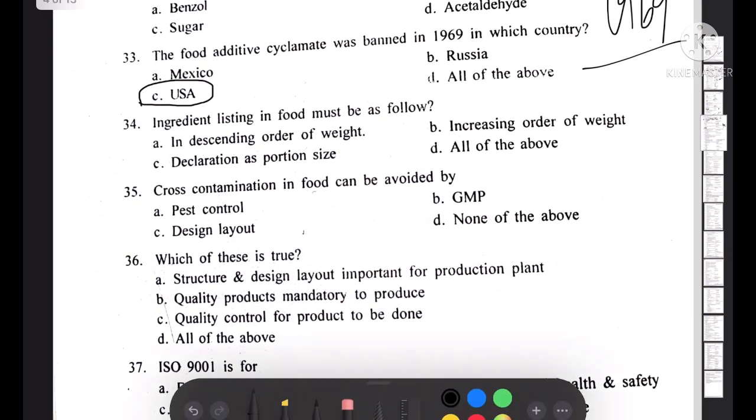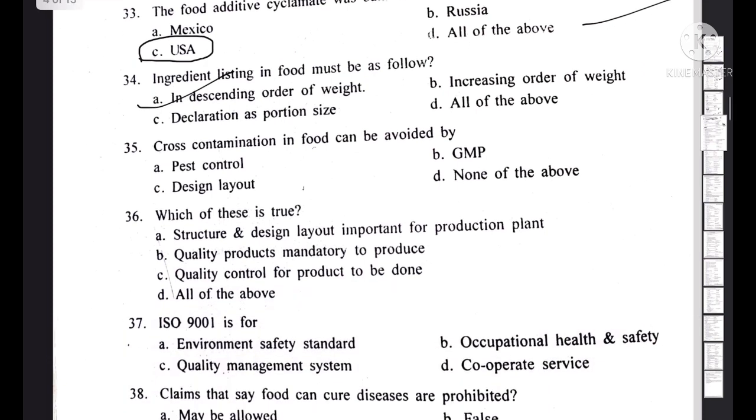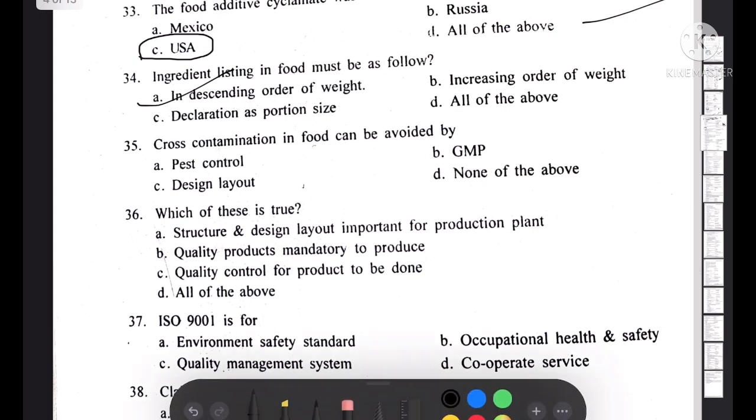Next, ingredient listing in food must be as follows: in descending order of weight, in increasing order of weight, declaration as portion size, or all of the above. So the ingredient list in food must be in descending order of weight. Next, cross contamination in food can be avoided by pest control, GMP, design layout, or none of the above.